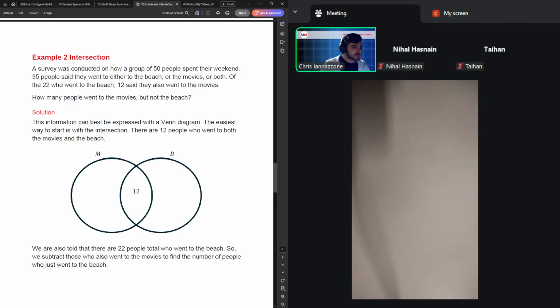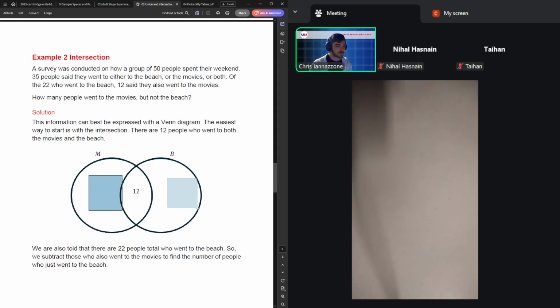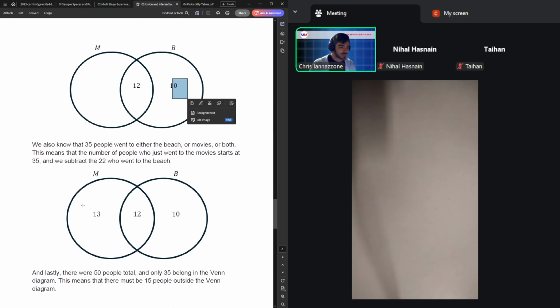From there, the next bit that we had was 35 went to either beach or movies or both, which means the sum of all of this, of beach, movies or both, has to add up to 35. So if you know this is 12 and this is 10, we're going to have 13 as well for that last little bit there.